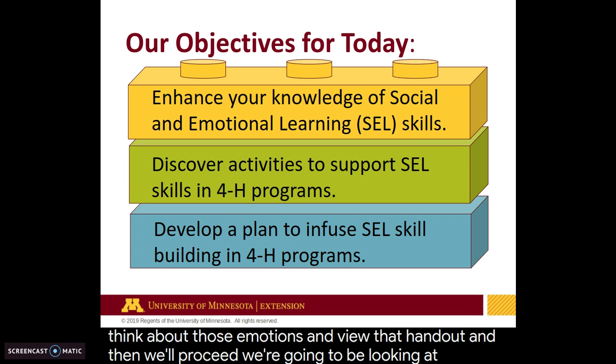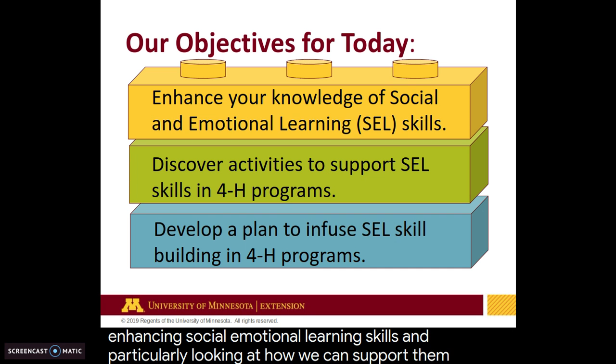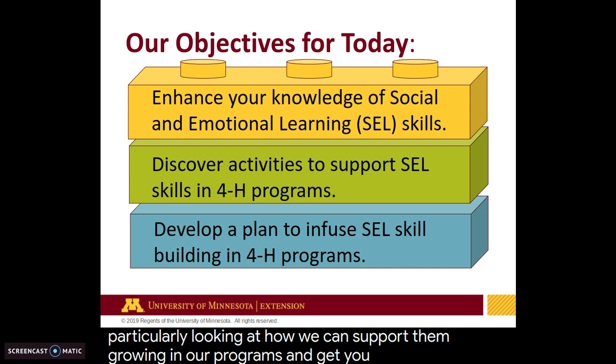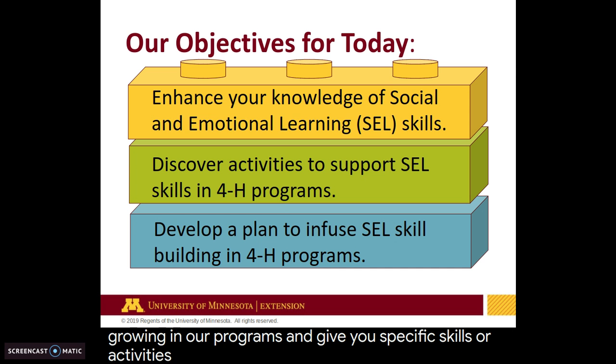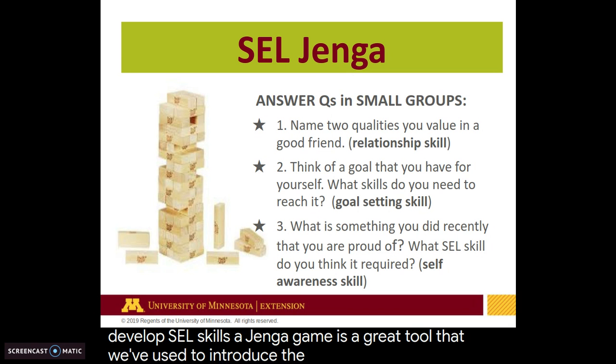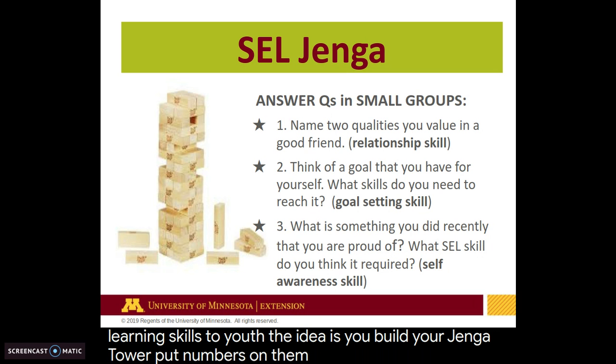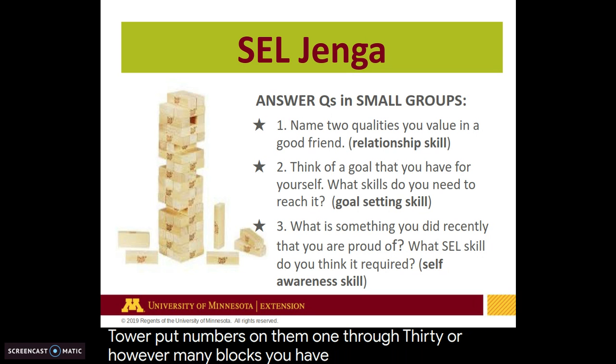We're going to be looking at enhancing social emotional learning skills, and particularly at how we can support them growing in our programs, and give you specific skills or activities that you can use to develop SEL skills. A Jenga game is a great tool that we've used to introduce the concept of social emotional learning skills to youth. You build your Jenga tower, put numbers on the blocks, 1 through 30 or however many blocks you have.